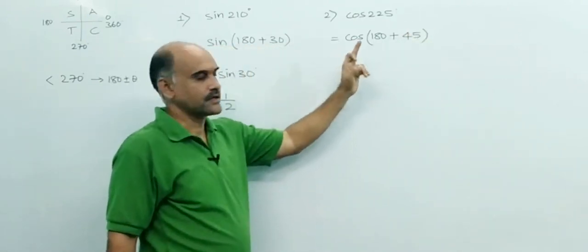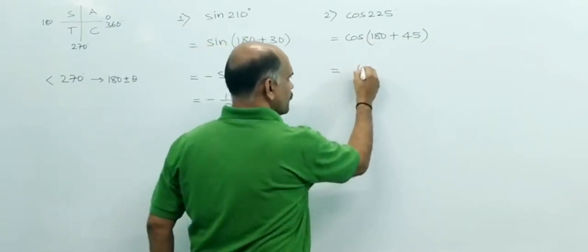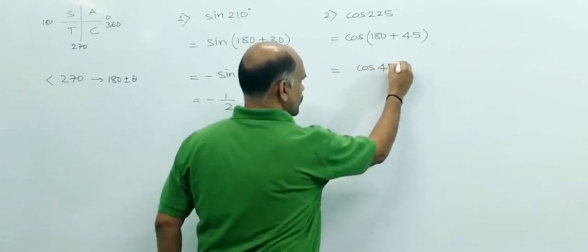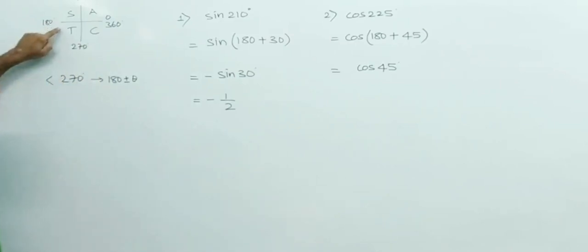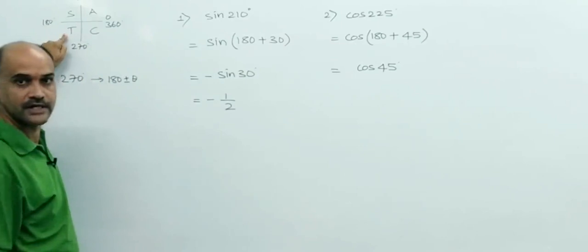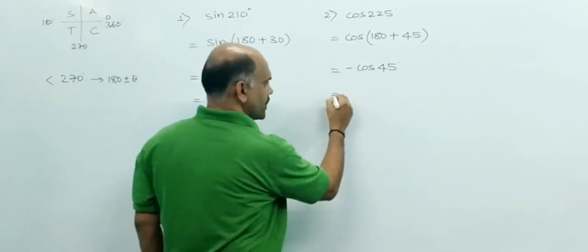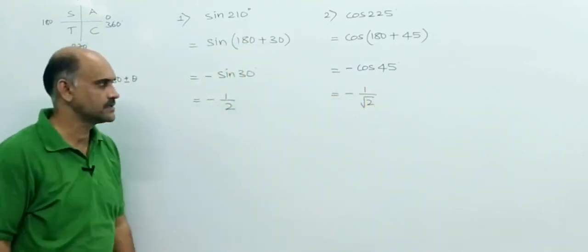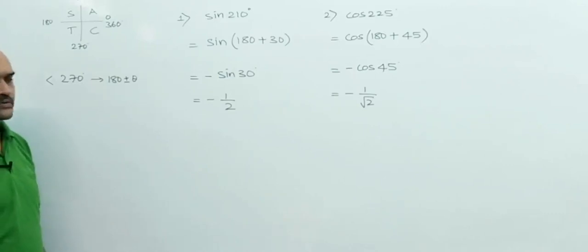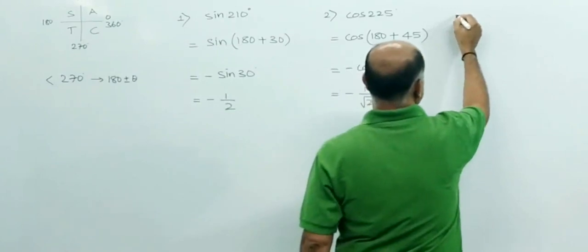Again by our method, you leave this 180, you will have cos 45. 180 plus means in third quadrant. In third quadrant, cos is negative, so you will have minus. Now substitute the value. Cos 45 is 1 by root 2. So answer is minus 1 by root 2. Clear, students? Similarly, you try third one.